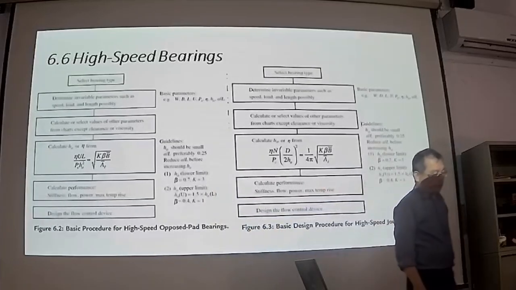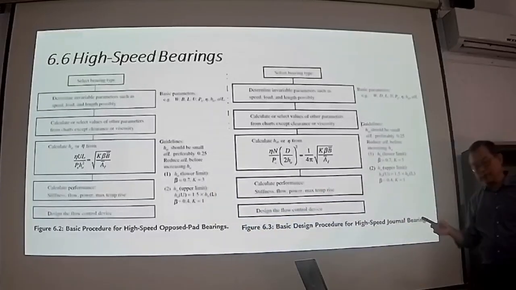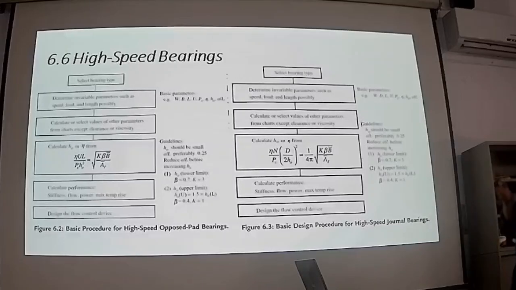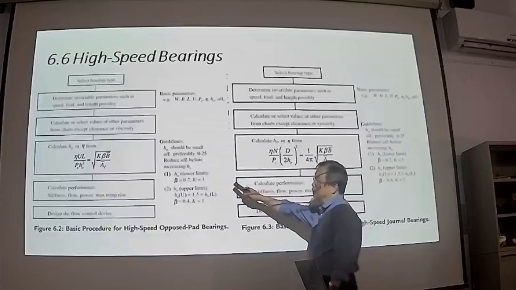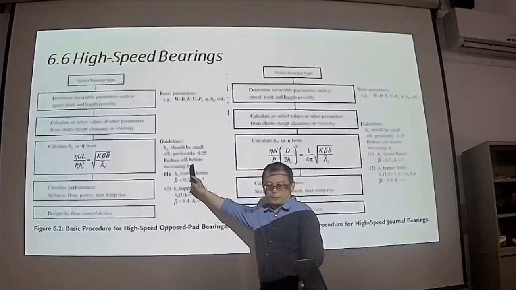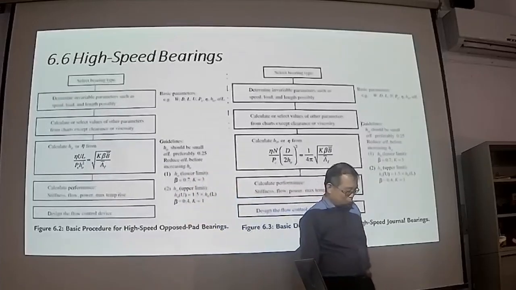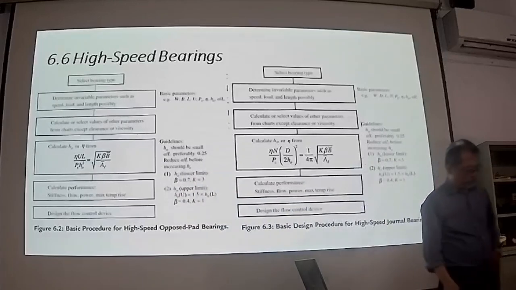So when we design the bearing test area, in that chapter, there are some different ways to make some adjustments for the design parameters. So film thickness is a very crucial design parameter.